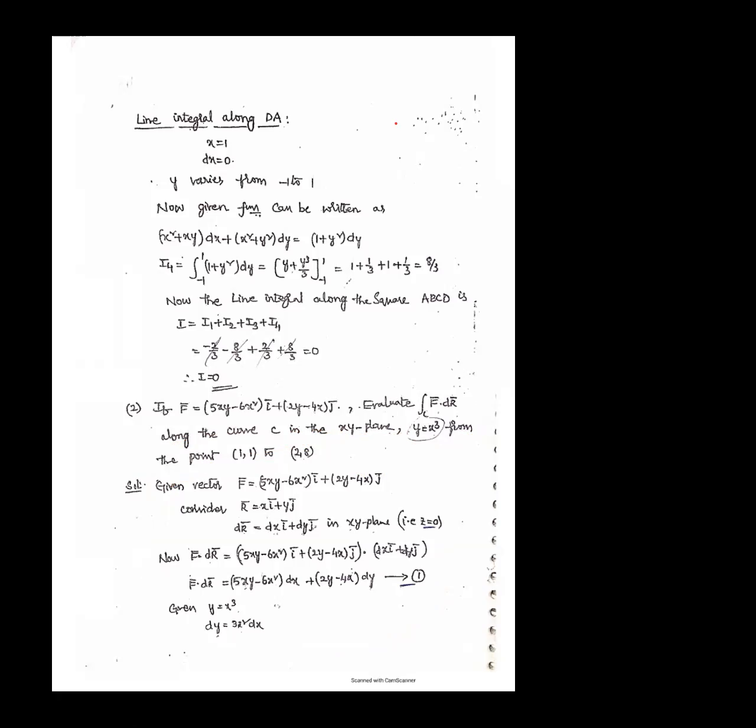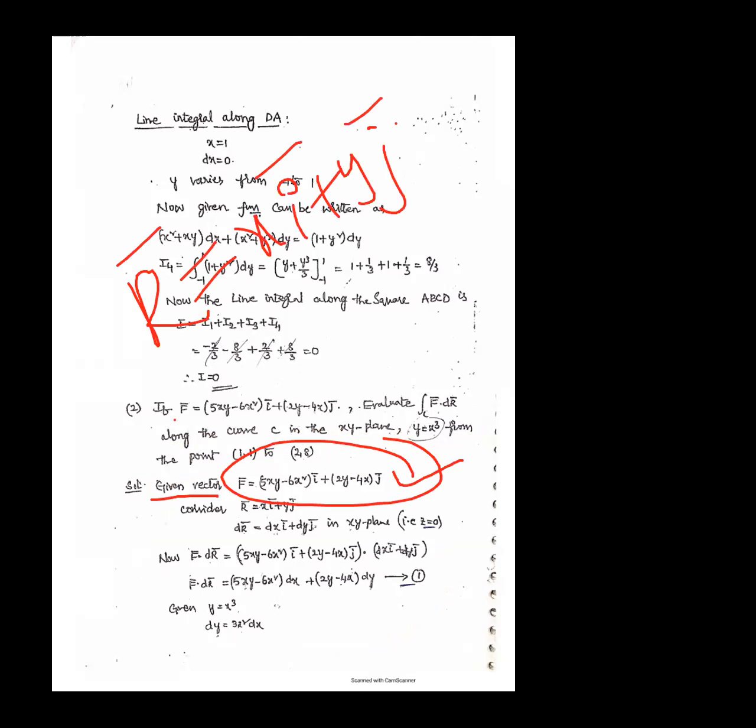Okay. Given vector F bar equal to (5xy plus x square) i bar plus (2y minus 4x) j bar. Observe that F is in terms of x, y. Generally, R bar is x i bar plus y j bar plus z k bar, but here F bar contains only x, y, so that's why I am assuming R bar also in terms of x, y.